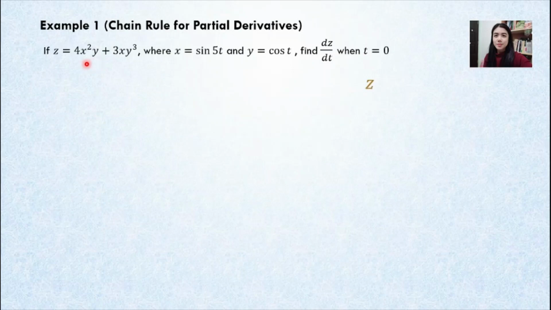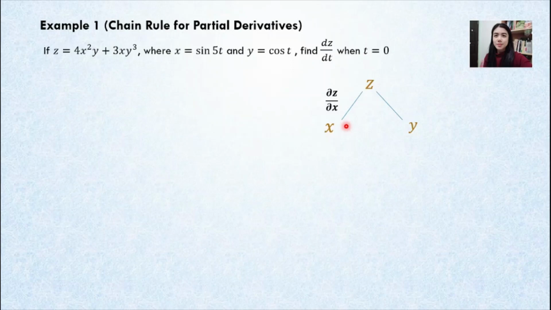Because inside the equation z you have two variables, you're going to draw two branches. These branches will end with x and end with y. And since you have two variables, you're going to have partial derivatives. Moving from z to x, you're going to have del z del x.